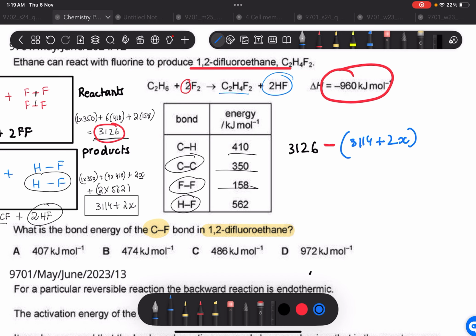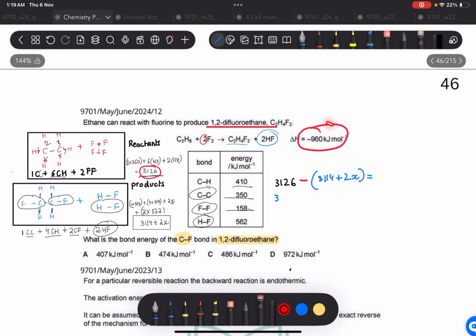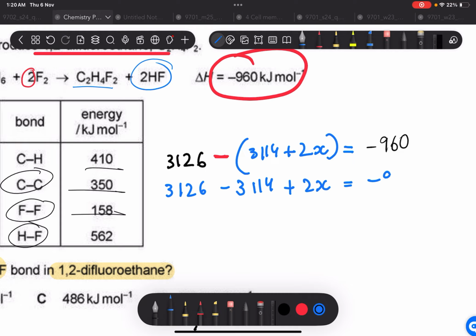If you solve this expression, the enthalpy change comes out to be negative 960. So 3126 minus (3114 plus 2x) equals negative 960. Okay, 2x equals negative 960 plus 3114 minus 3126.